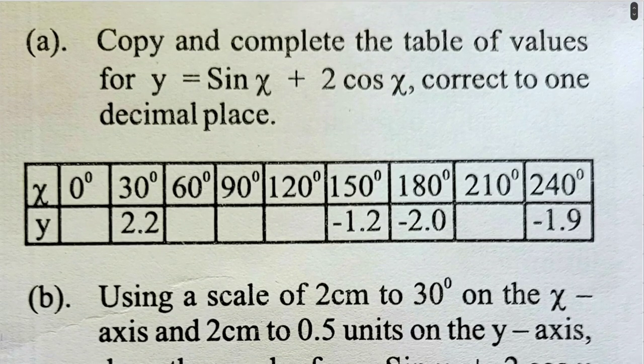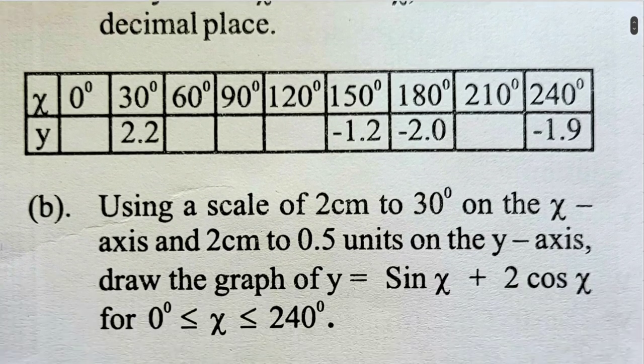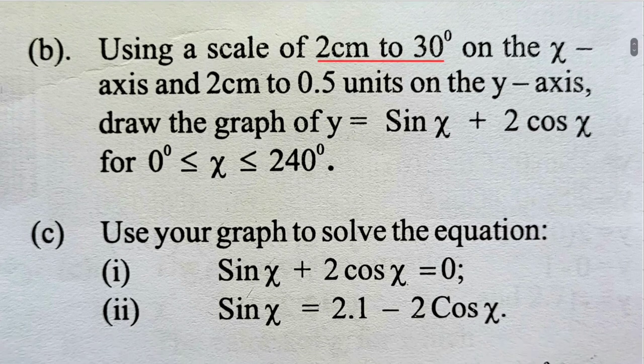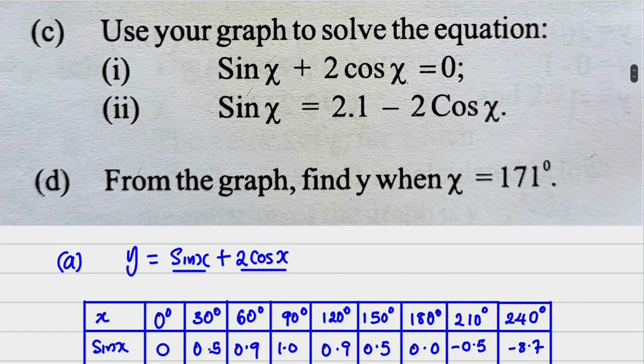I've answered the first question, which is to complete it. And I've answered the second question. Now, you could see that I actually didn't use the scale given because of how my graph is. But you must obey the scale given, okay? Good. Now, since we've done that, let's go to the C part of the question. This part of the question says we should use our graph to solve the equation.